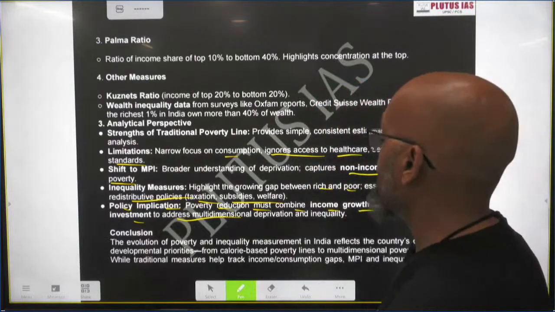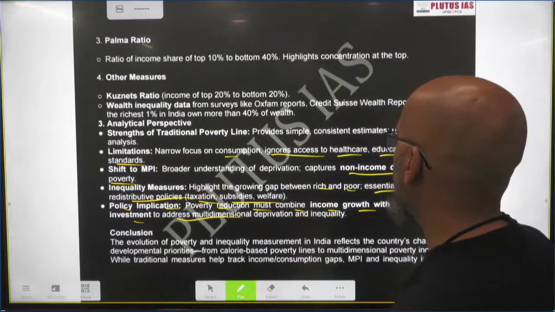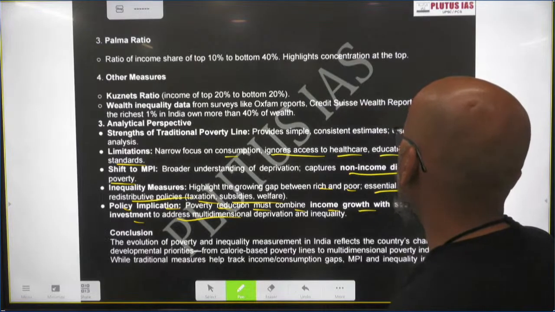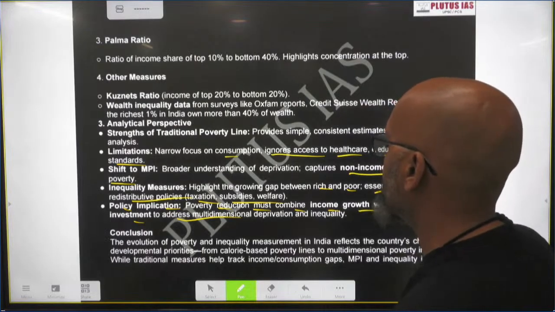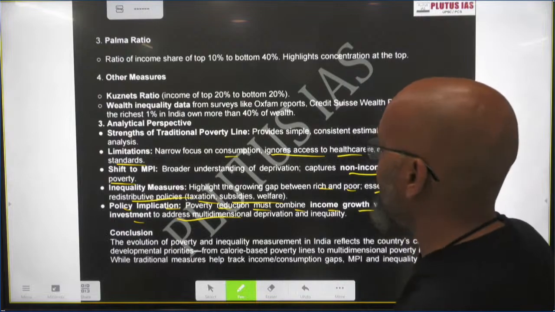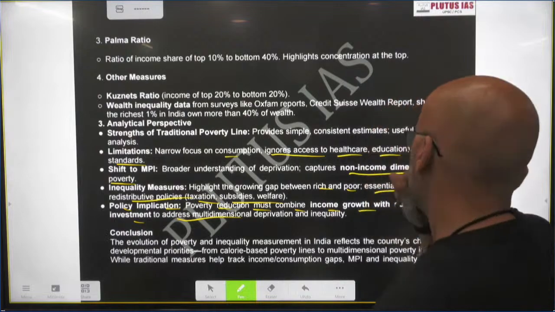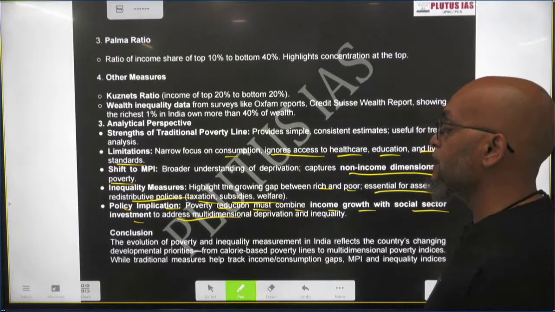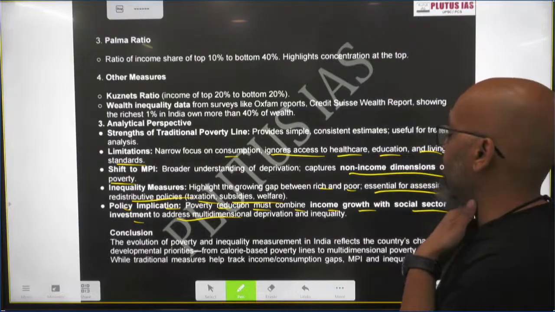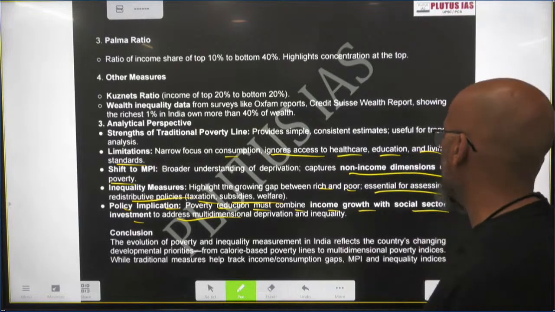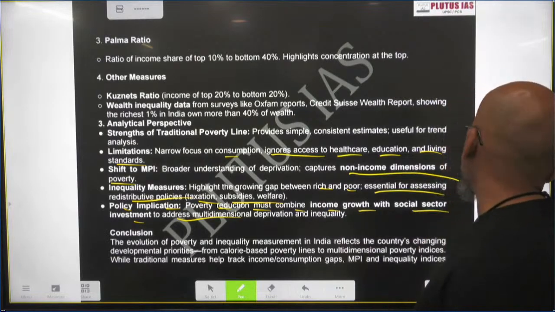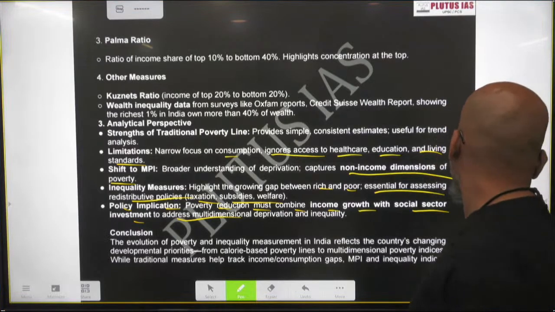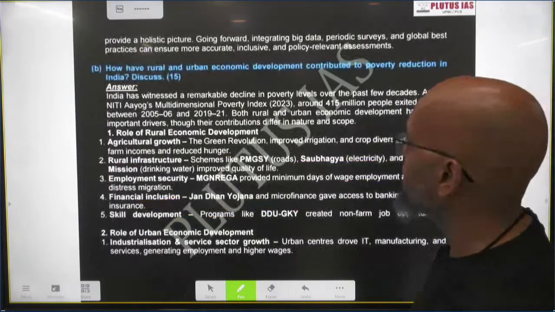Conclusion: the evolution of poverty and inequality measurement in India reflects the country's changing developmental priorities, from calorie-based poverty, which we used earlier, to multi-dimensional poverty indices. While traditional measures help track income and consumption gaps, MPI and inequality indices provide a holistic picture.